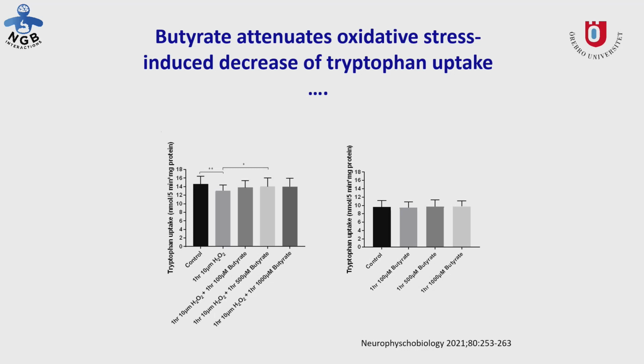So we think that butyrate can protect the enteric nervous system, and small amounts of butyrate will also enter the brain, and perhaps, but we can't prove that yet, perhaps can also protect the brain against oxidative stress locally. And this is done by providing and protecting tryptophan transport over the membrane. So you are still able to produce your serotonin because of the butyrate. Next slide.